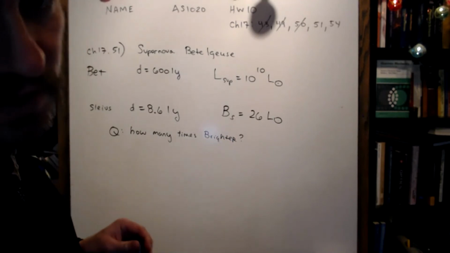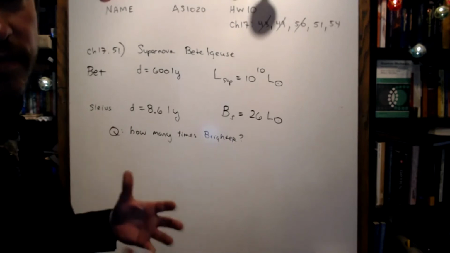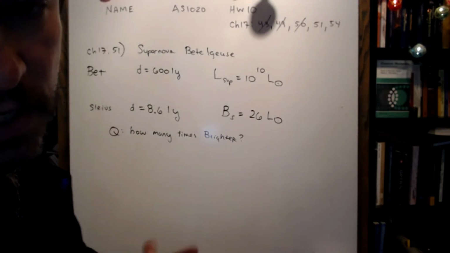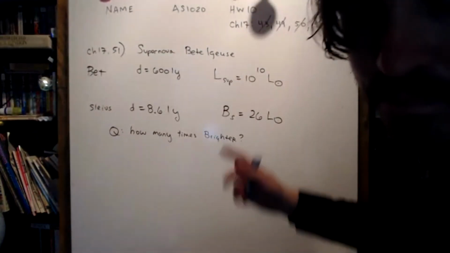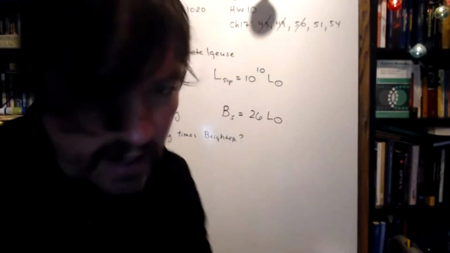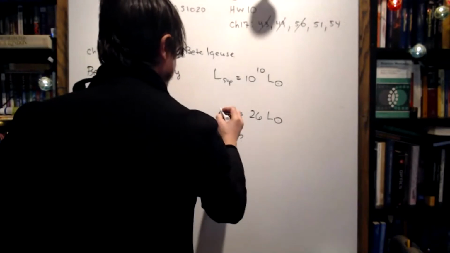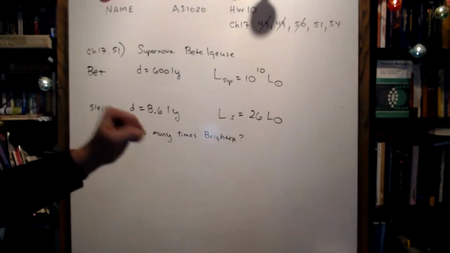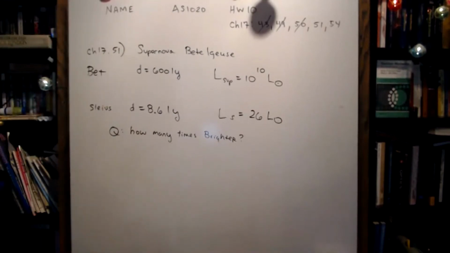Do you guys know what formula we need to do this problem? The Stefan-Boltzmann law? No, that's if you want to calculate brightness based on temperature. This is not a brightness, this is a luminosity. How do we get brightness when we have luminosity and distance? This is the brightness of a star on our sky.